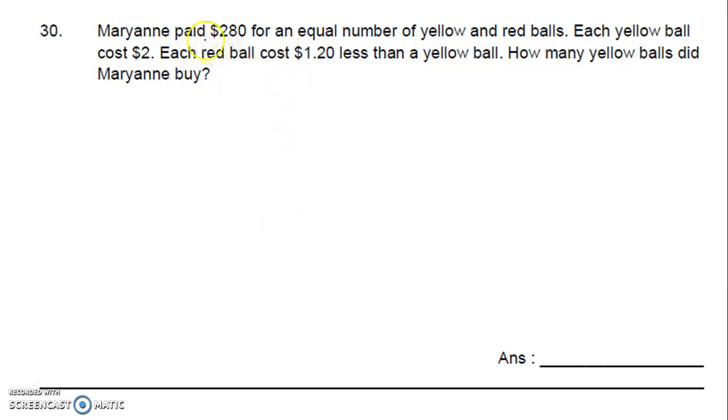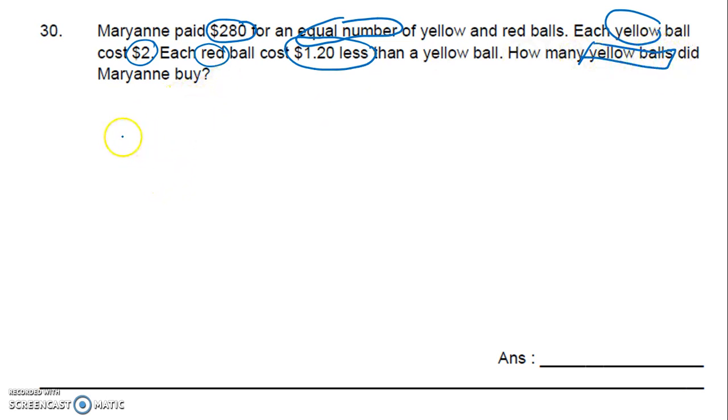Okay, so we know that for an equal number of the balls, the total is $280. I know that each yellow ball cost $2 and each red ball cost $1.20 less. I need to find how many yellow balls she bought.